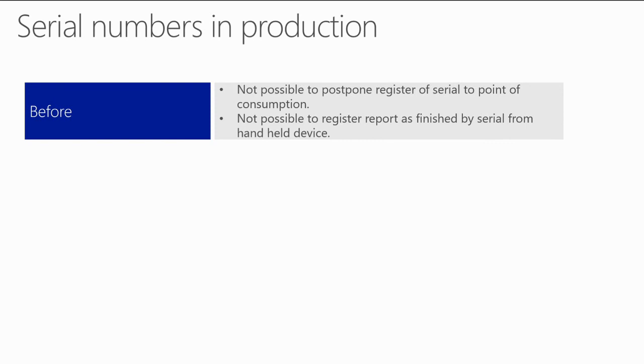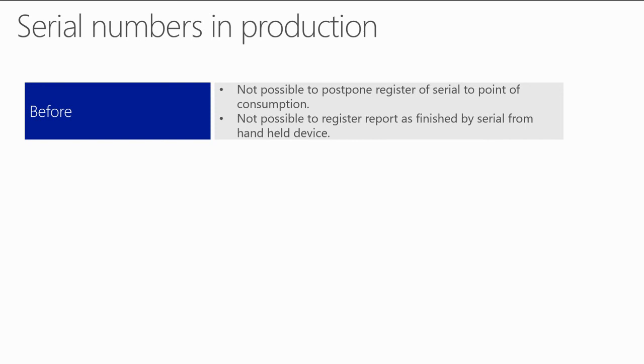One question that will obviously pop up is, okay, what if you have a production order of 10 pieces and you register one serial number, and the finished good is serial controlled, so which of the 10 did this serial number go into? We call this the bill of material.